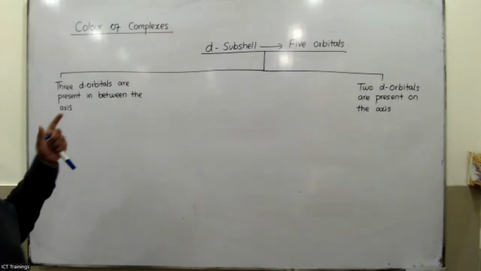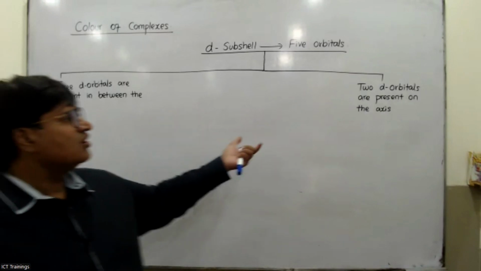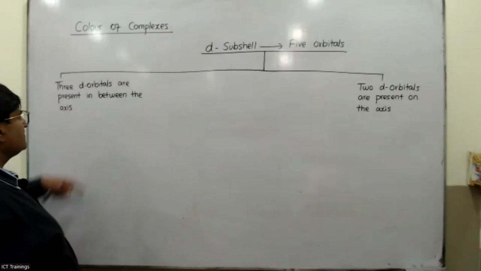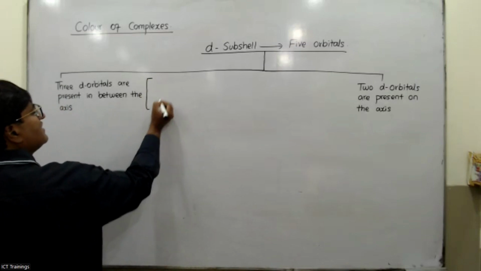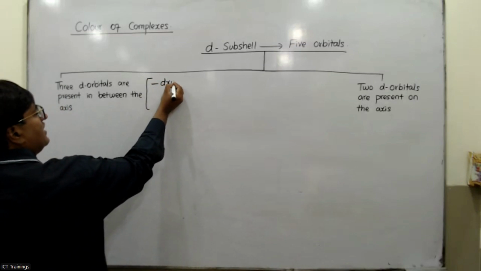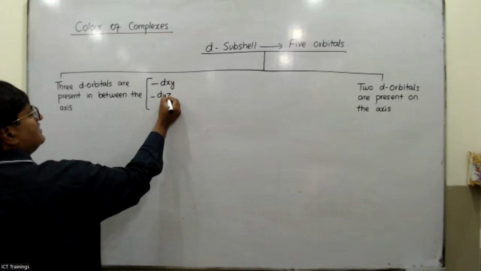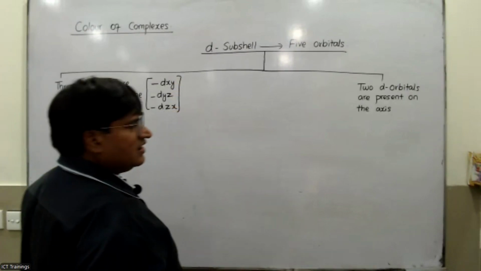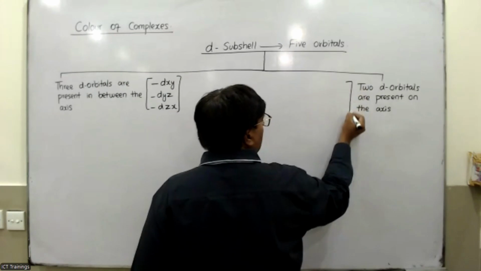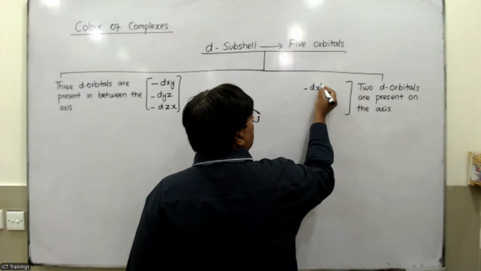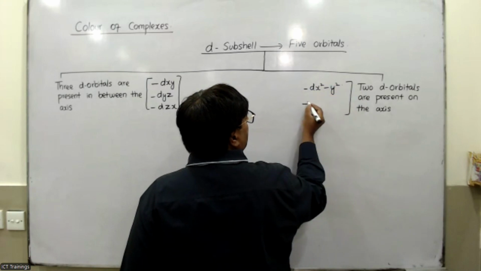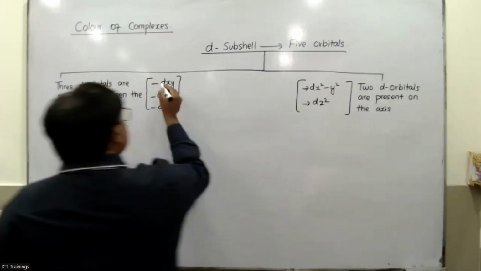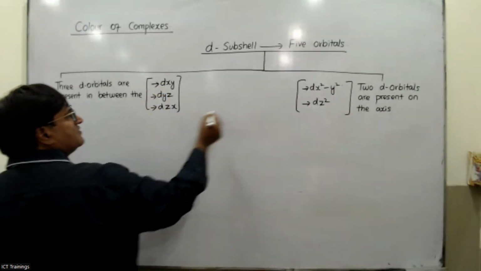The three d orbitals which are present in between the axis are named dxy, dyz, and dzx. Whereas the two d orbitals which are present on the axis are named dx square minus y square, and the second one, dz square. Okay. So these are the different orbitals.